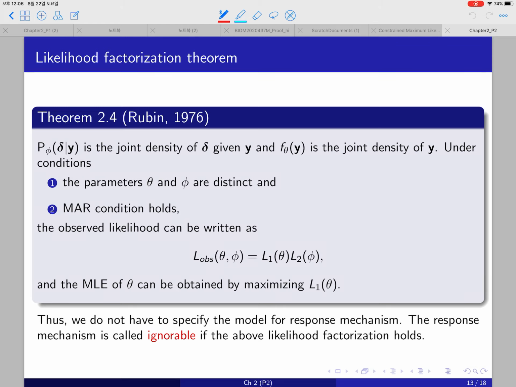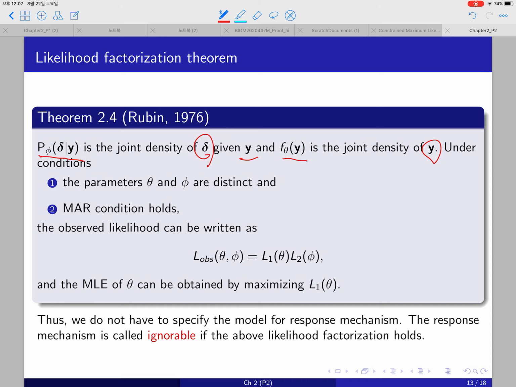So we now study Theorem 2.4, which was originally proposed by Professor Rubin. He's a big name in missing data, the father of missing data, they say. Anyway, P of delta given y is the joint density of delta given y, and f theta of y is the marginal density of y.